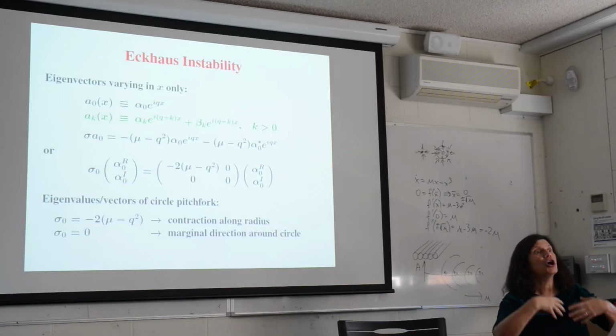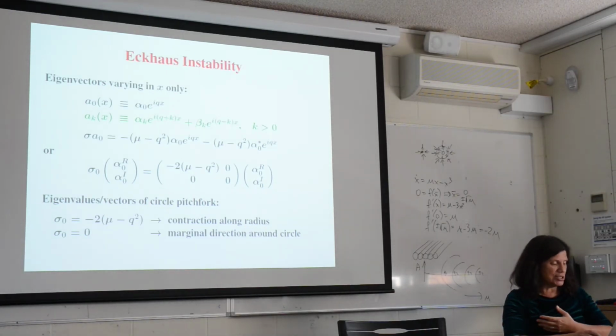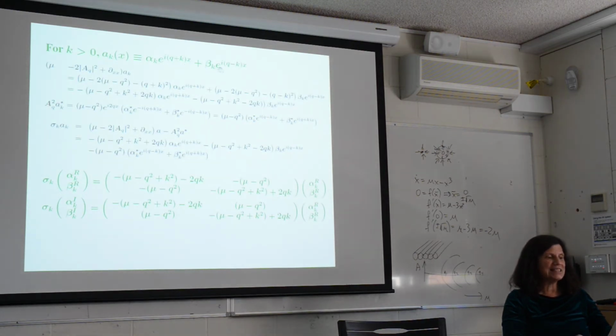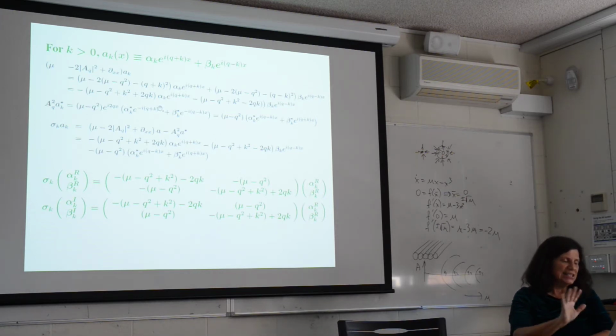Now, we're in a position to look: are the rolls unstable to something else? So we change the K, and then there's a lot of arithmetic here. We write, remember, A_K as a sum of Q plus K x and Q minus K x. We substitute. This is why we need a beta, because we're going to have a star, and so this is going to become minus Q plus K, and there's going to be cancellation, and let's not go through it.